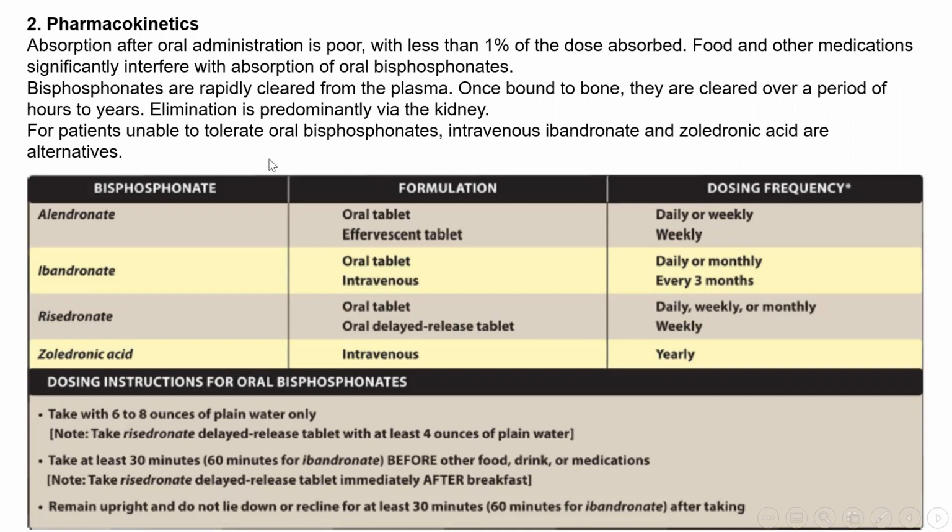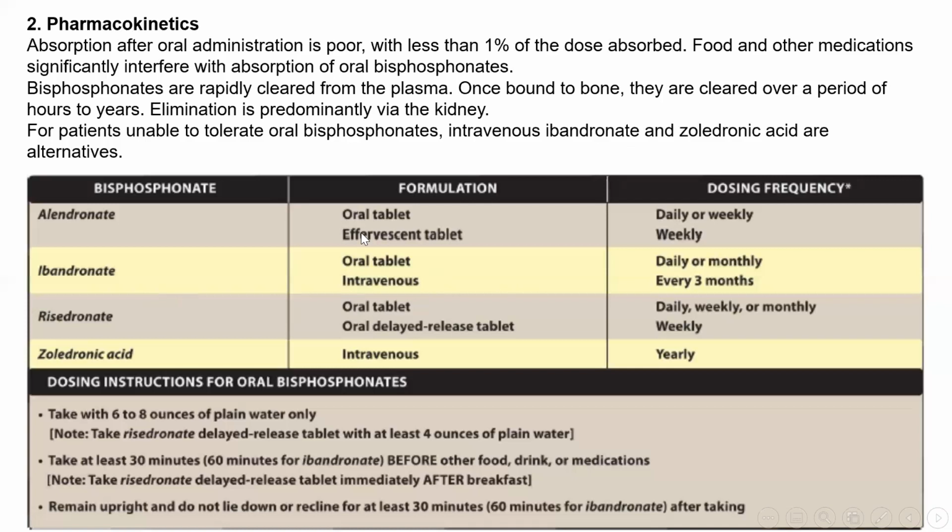For patients who are not able to tolerate oral biphosphonates, it is recommended to use intravenous administration of biphosphonates, such as zoledronic acid or ibandronate. This table just shows the differences between these drugs and the frequencies or times of administration.